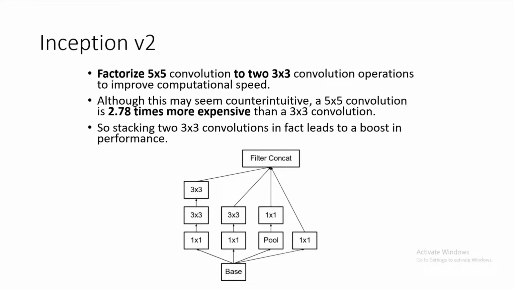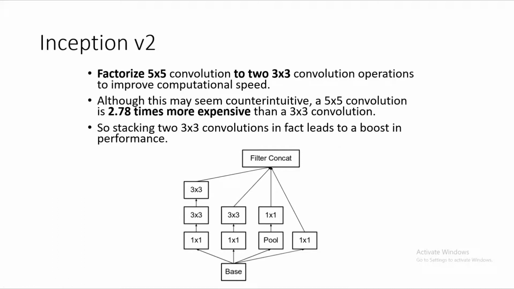Although this may seem counterintuitive, a 5 by 5 convolution is 2.78 times more expensive than a 3 by 3 convolution. So what it does is it stacks two 3 by 3 convolutions, which in turn reduces the complexity and boosts the performance.